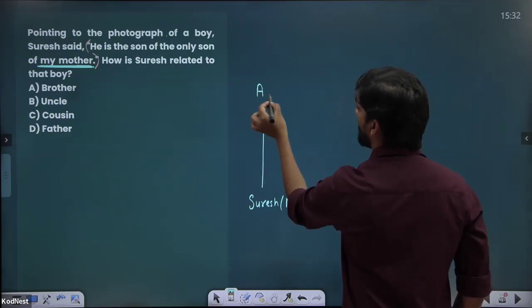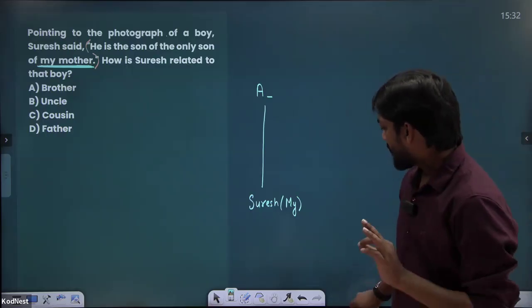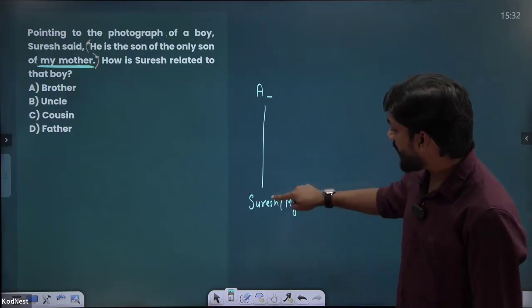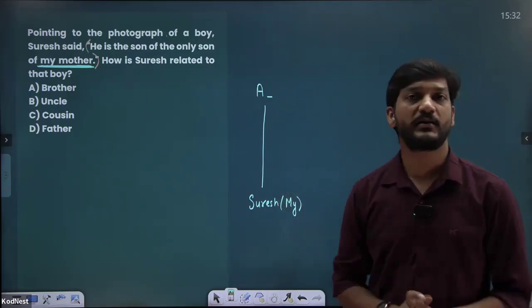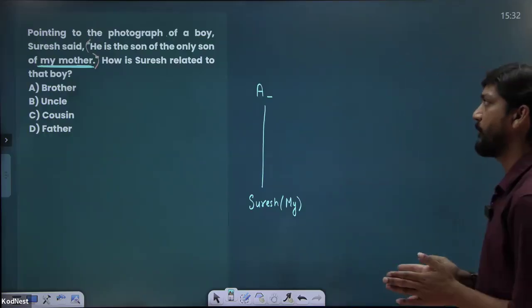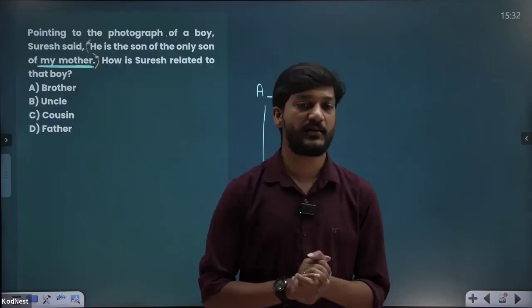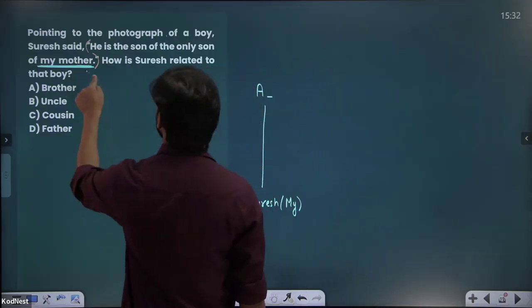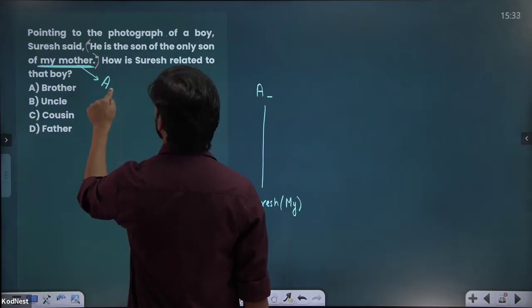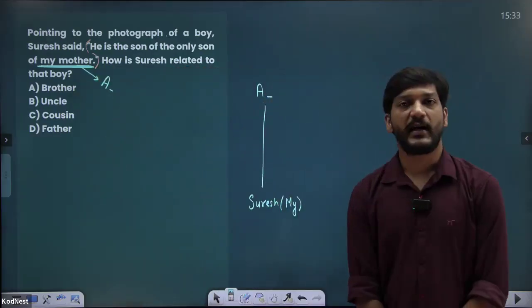Let's represent by A. Mother is female, so minus. So carefully answer. Are you able to understand my mother is A minus? For Suresh, I'm saying, yes or not. Carefully tell. My mother means A minus. Yes? Okay. Please represent there also. Or just think. I can write, you just think. Okay, my mother is A minus.